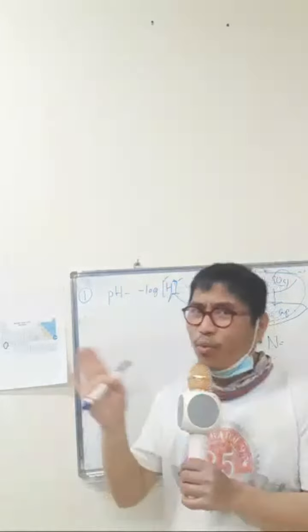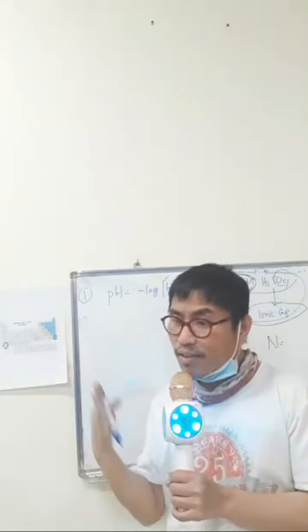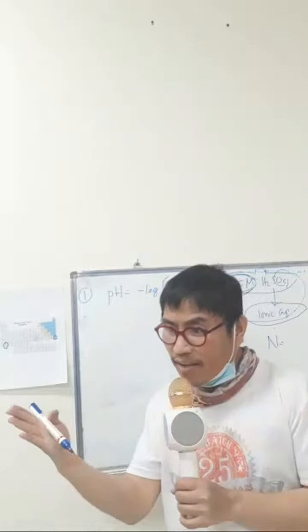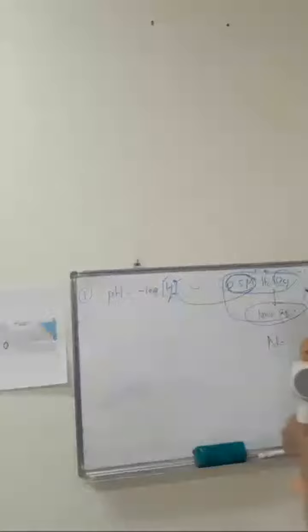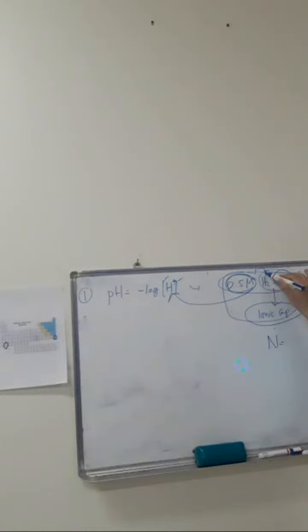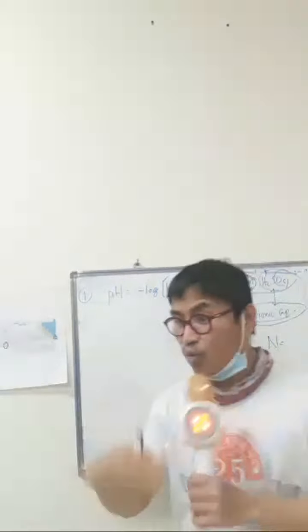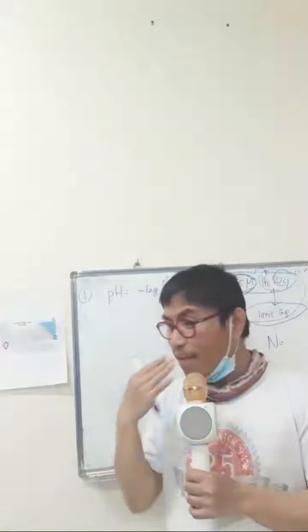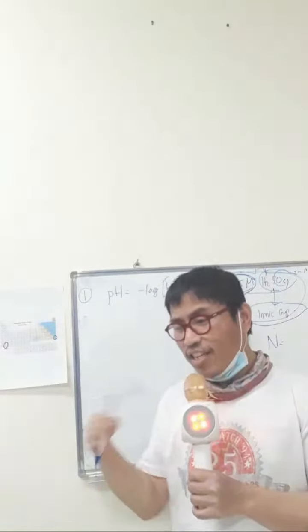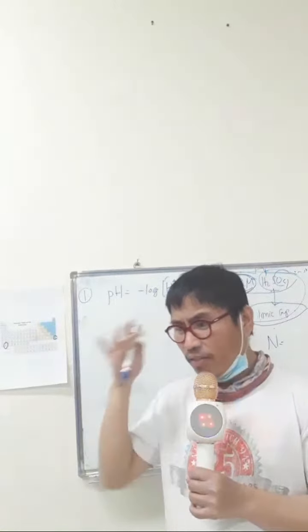In another way, we call them replaceable, replaceable OH, replaceable H, because they will be replaced in this compound. The positive hydrogen will go to the sulfate and the negative 2 will go to the H. That's why replaceable. Those are the technicalities, but it means the same thing, the ionized charge of both. You get the point? So that's very clear.